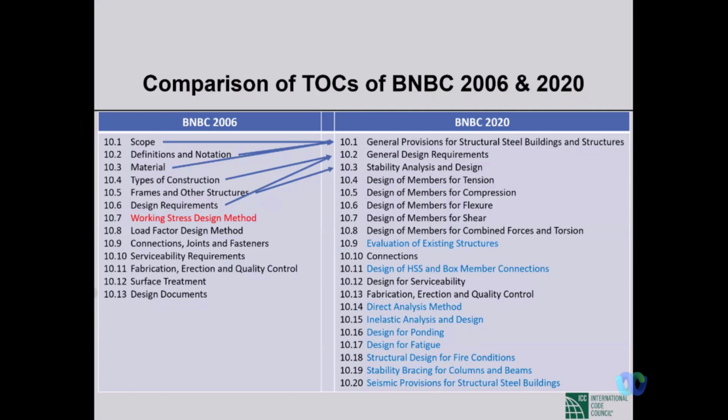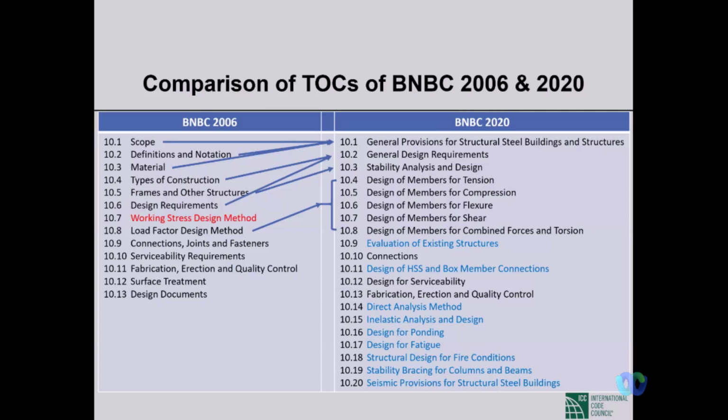The working stress design method that was there in BNBC 2006 based on the earlier versions of AISC is completely different from the ASD, allowable strength design of AISC. We'll talk about that, but this working stress design method is now obsolete, so it has been dropped. Now the load factor design method is included in many different sections, all related to LRFD.